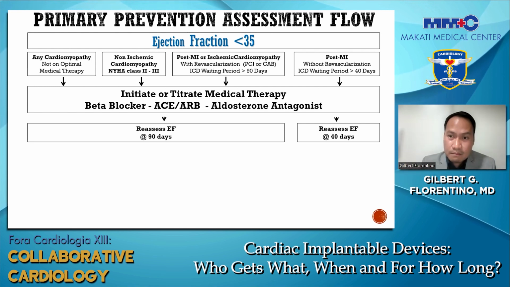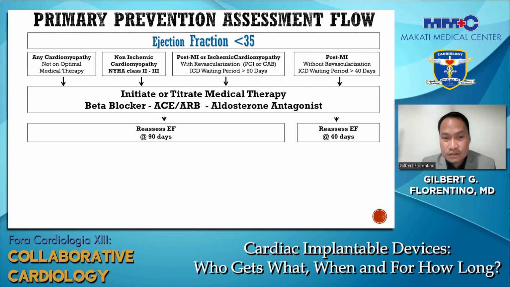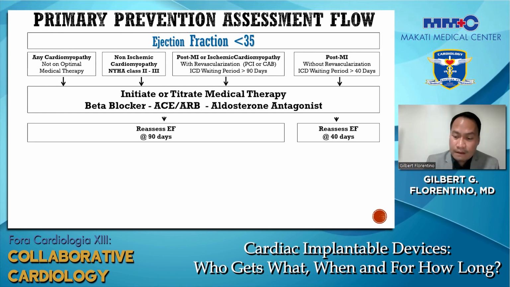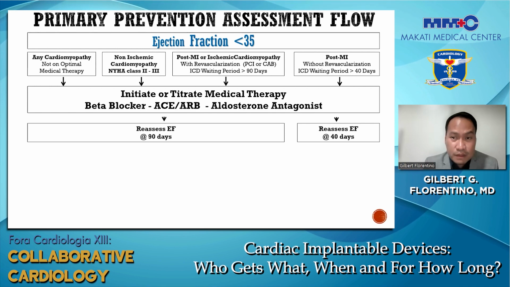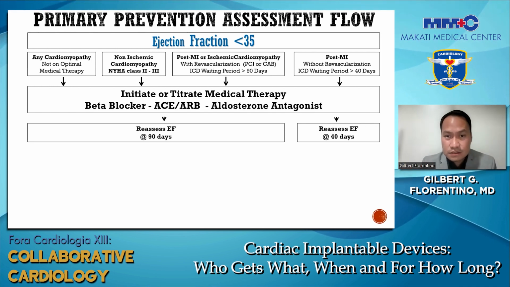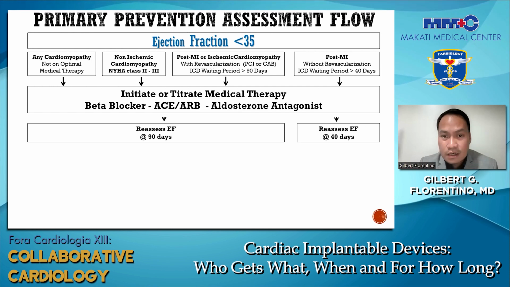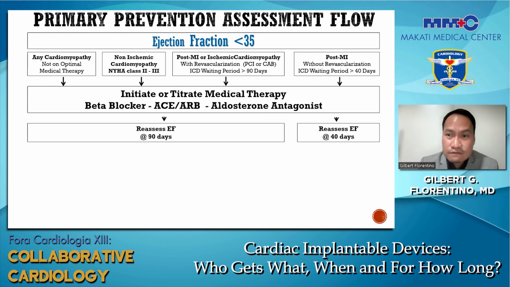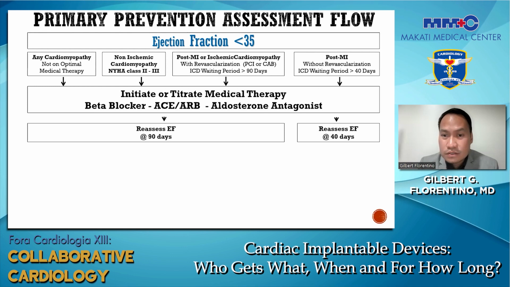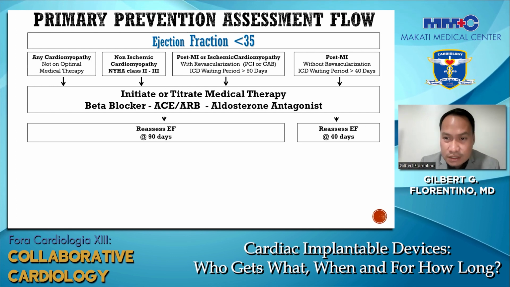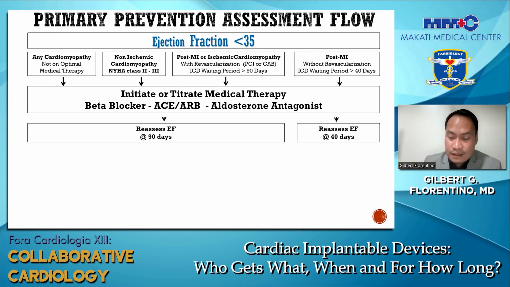The ejection fraction may improve after that period, given time. But those patients who suffer from ventricular arrhythmias during this waiting period will definitely fulfill the criteria for secondary prevention. There's no need to wait for that time frame anymore. So that will change the indication.